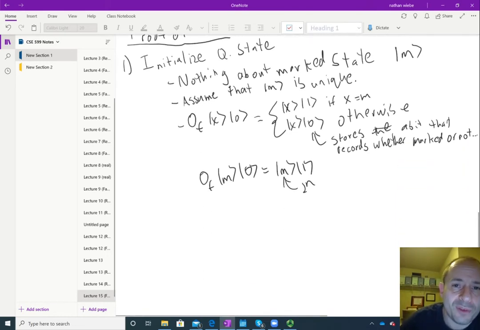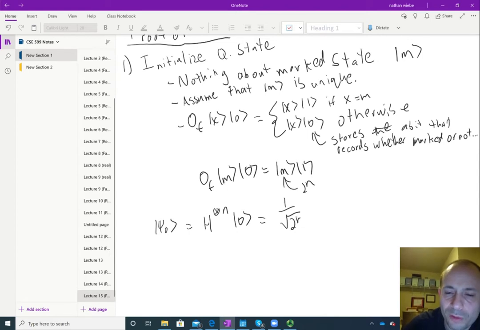So the thing that makes the most sense is to initialize our quantum state to a uniform distribution over all the values of M. Because if we don't know what the right answer is, we don't want to bias ourselves incorrectly in the wrong direction. So we prepare an initial state, psi naught, which is just going to be Hadamard tensor n acting on 0, which we can write as 1 over square root 2 to the n, sum over j.